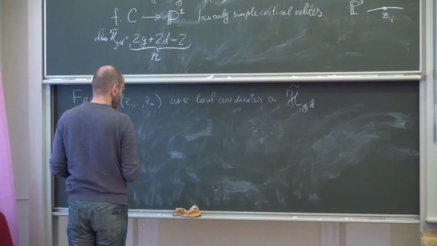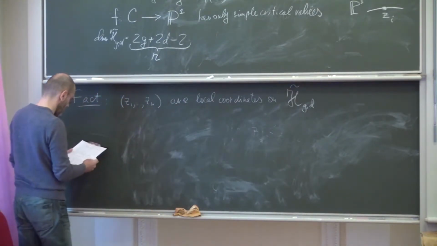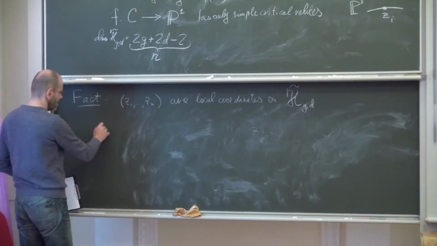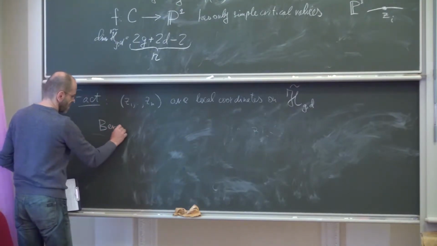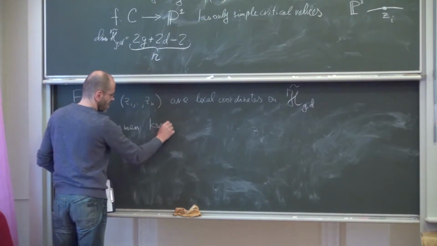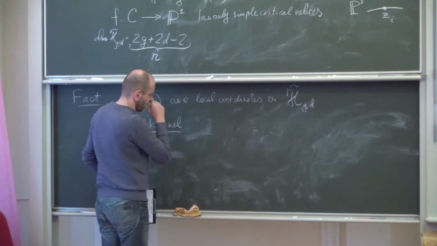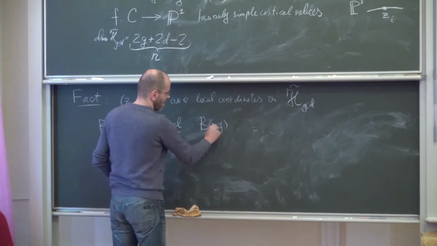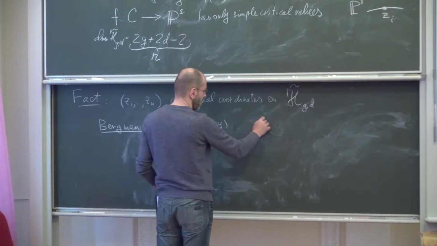Okay, so now I need a couple of additional notions. The first one is the so-called Bergman kernel. Bergman kernel, let's denote it by B(x,y), is a bidifferential.